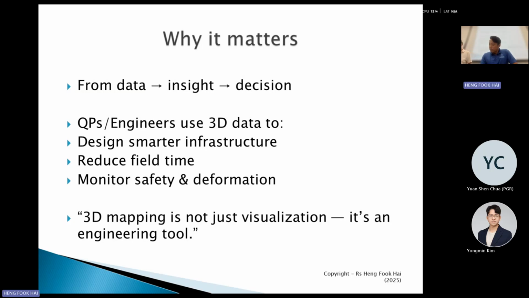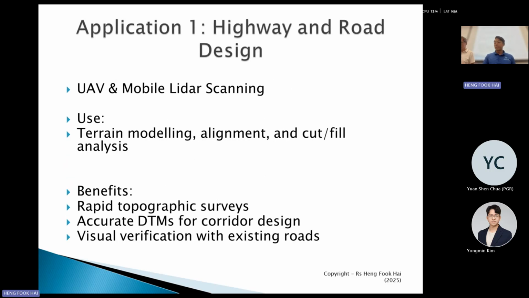So in this section, we will try to see again UAV, LiDAR, and the 3D modeling workflow that powers the civil engineering applications. Generally, engineers are involved in highway, road design, infrastructures, right?